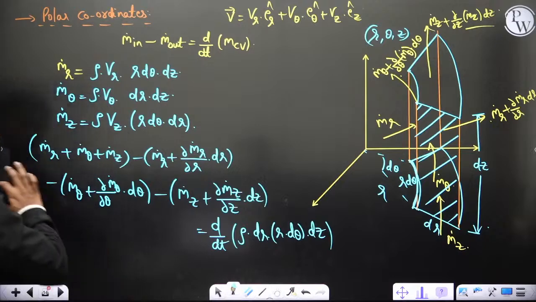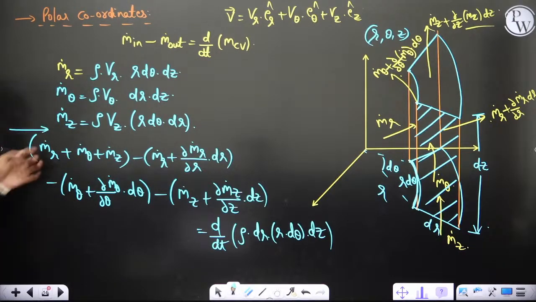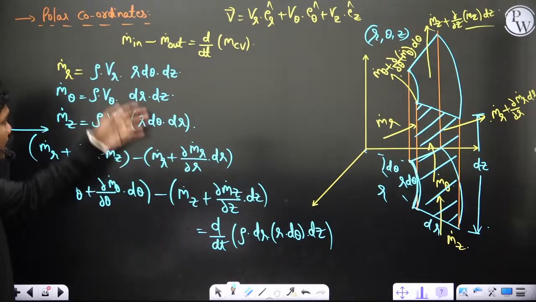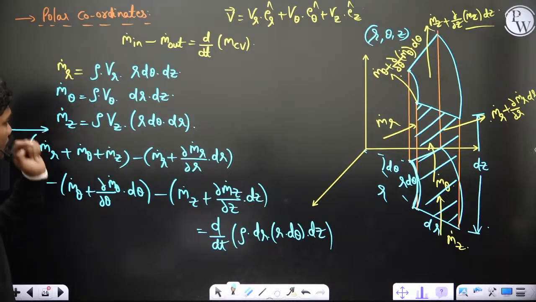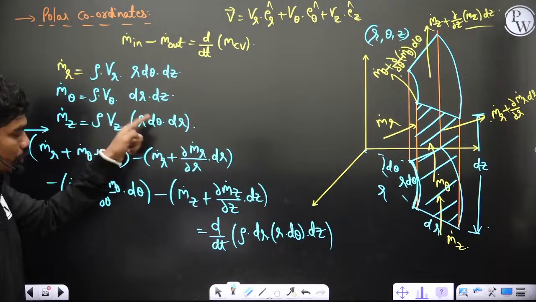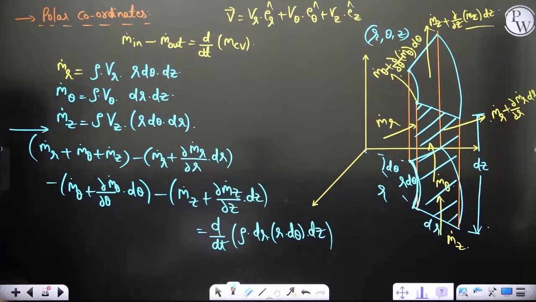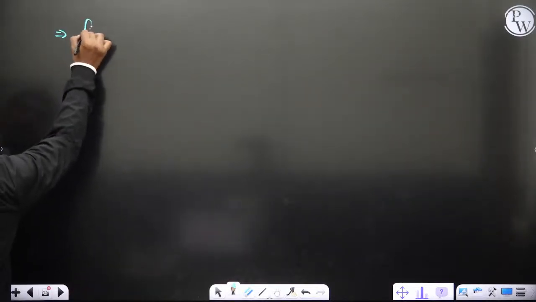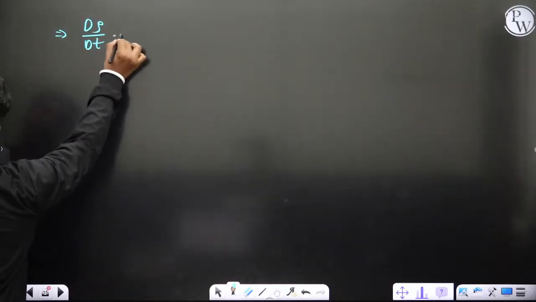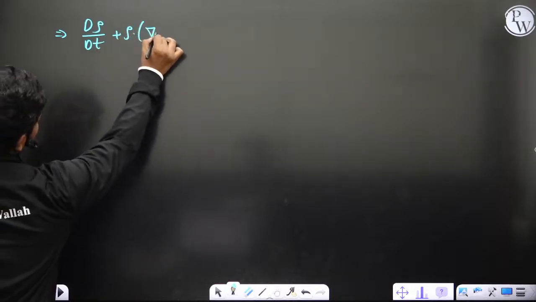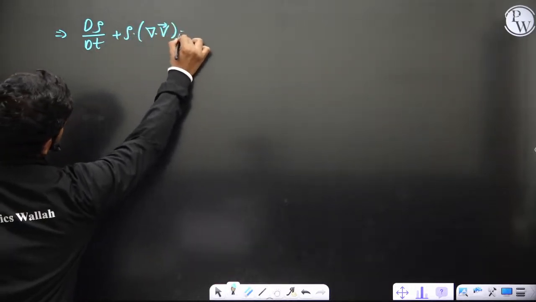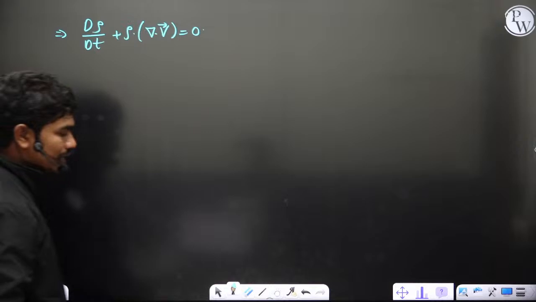Again, this is the mass balance equation. Now in this equation, if you replace these three terms, where m dot r is this, m dot theta is this, and m dot z is this, and do a little bit of algebra and simplification, what you get is again d rho by dt plus rho times divergence of v is equal to 0, the equation in vector form.